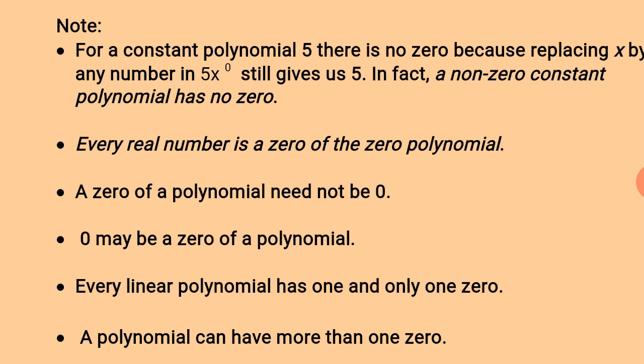If I go on substituting any value in place of x, that x raised to power 0 becomes 1 and that 5 is multiplied by 1 and the answer is 5. Every time for any value of x, you'll always get the solution as 5. That means you will never get a 0 over there. So it is said that for a constant polynomial, there are no zeros.